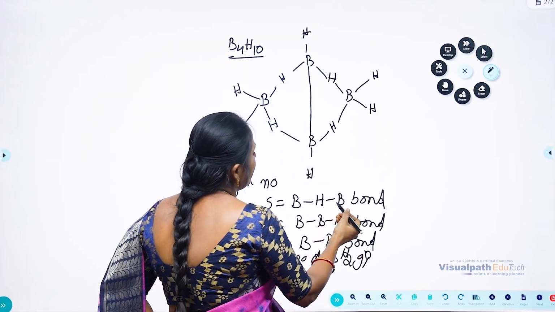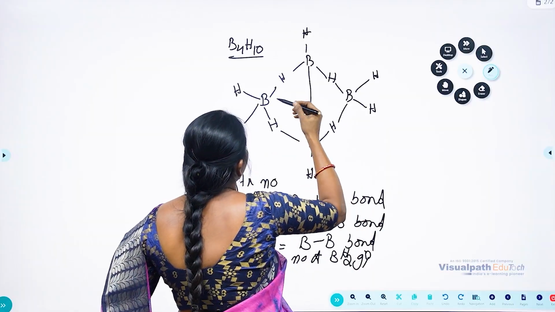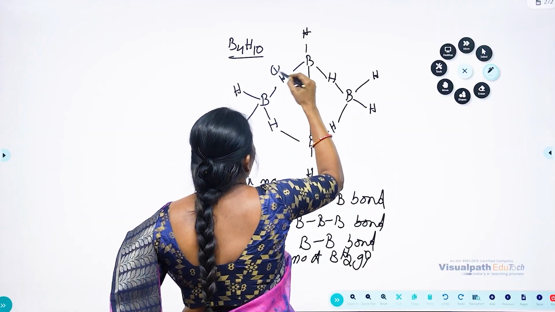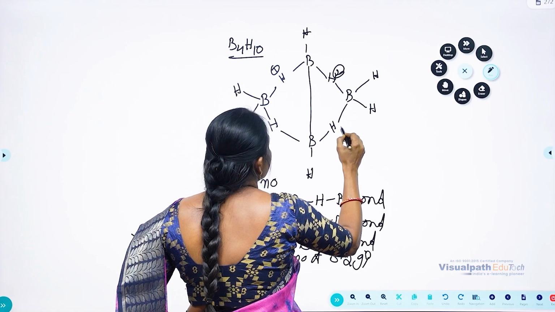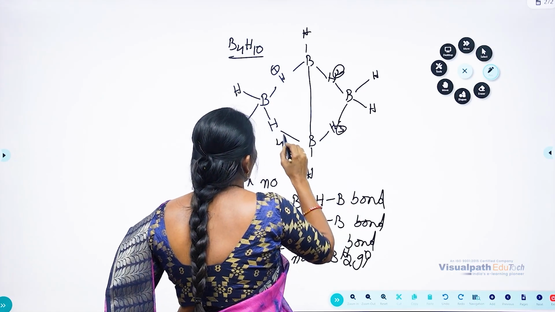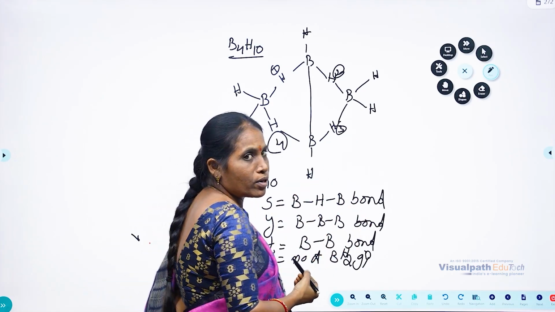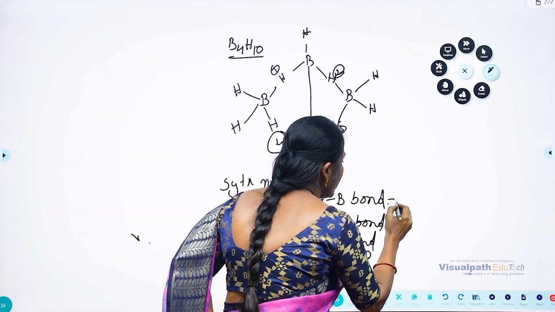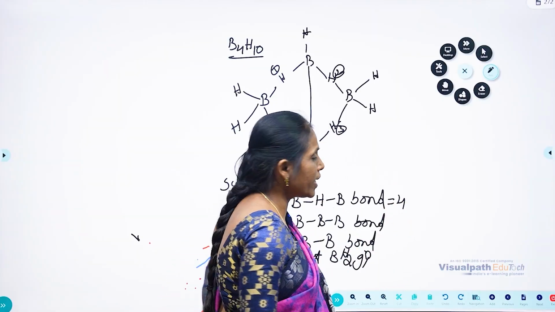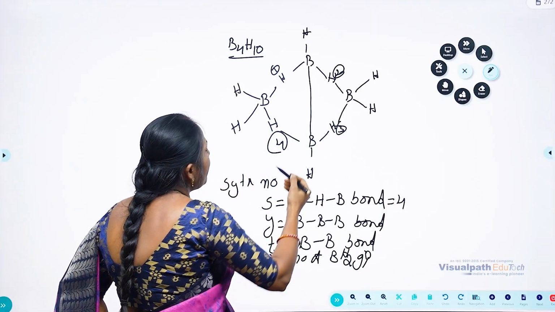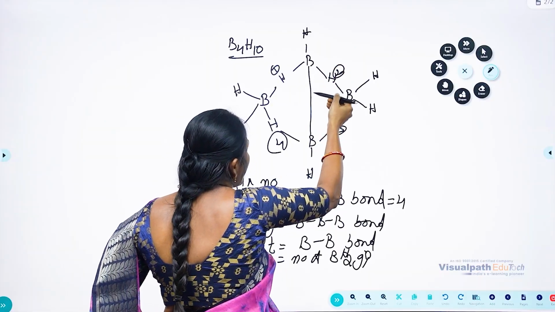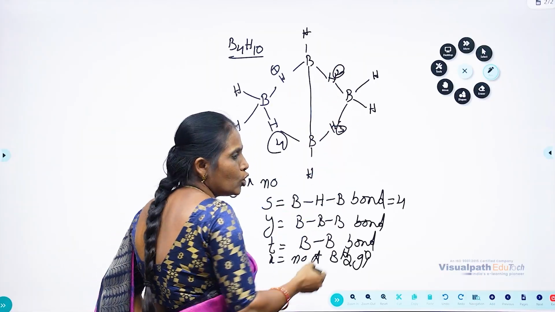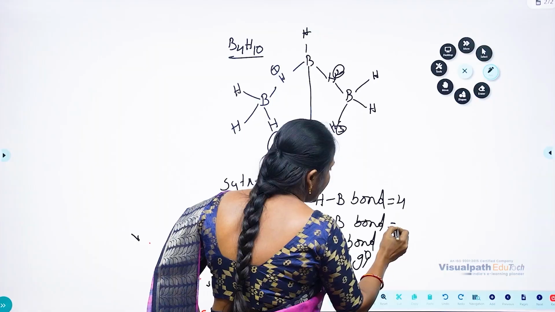In BHB bond, how many BHB are there? See here, it is the 1, 2, 3, 4. So 4 BHB bonds are there. Next BBB. Here are 3 boron atoms bonded in this structure? No. So here it is 0.